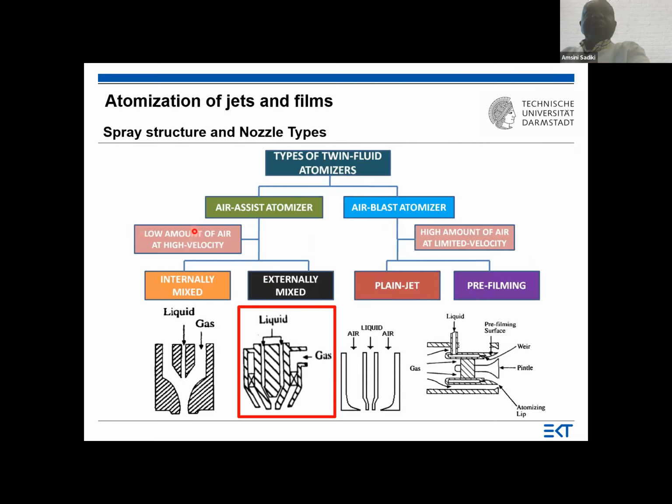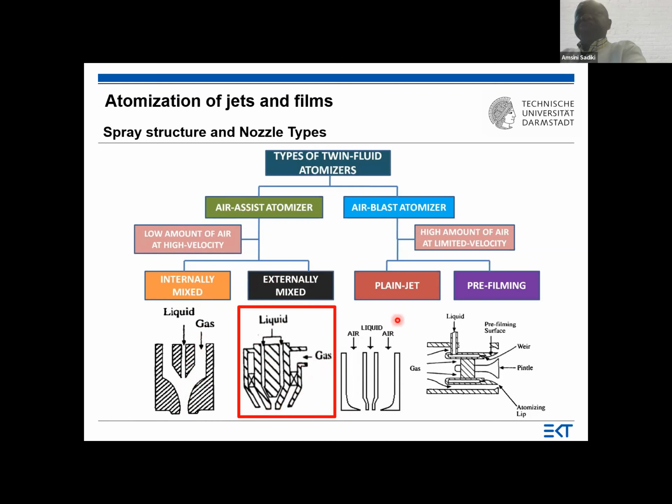We have a low amount of air at high velocity to create this air assisting atomizer, because the air will have a very high velocity, and we can have internal mixing. They mix internally and come out together, or externally, where we have the liquid and the gas and they mix outside.